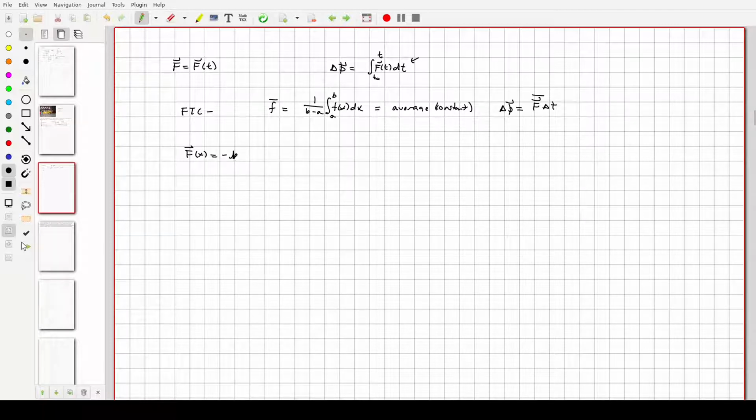And it looks like minus k times x times x hat, if you think of a simple one-dimensional force like this. Maybe it's your standard spring attached to a wall going back and forth.